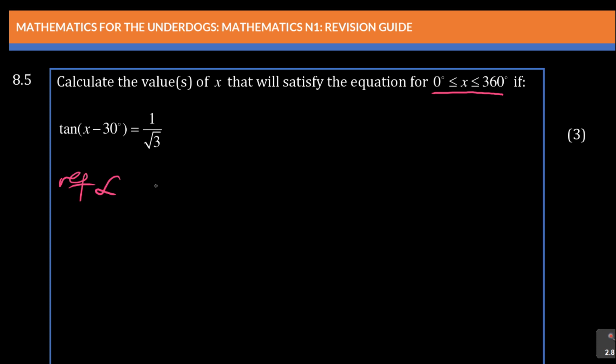So here you're going to say reference angle. What are you going to say? Reference angle is arctan of 1 over square root of 3. Then let's get the reference angle.